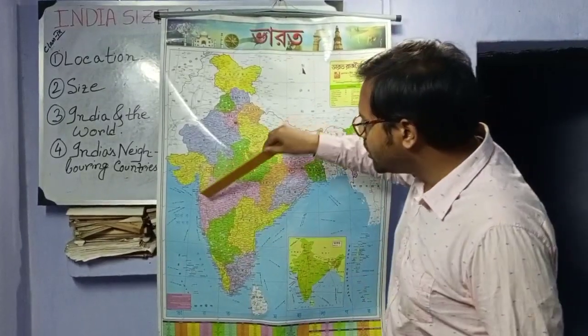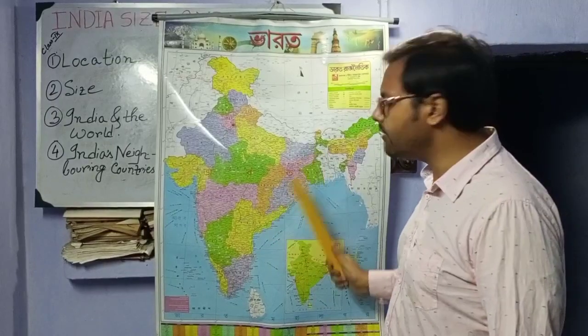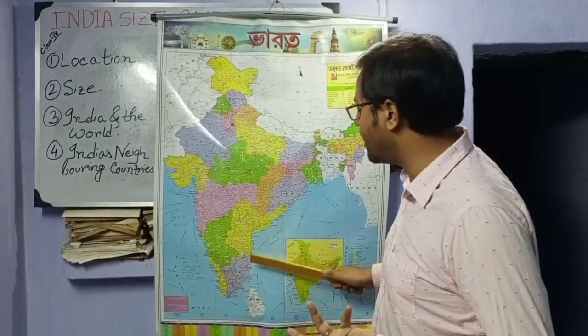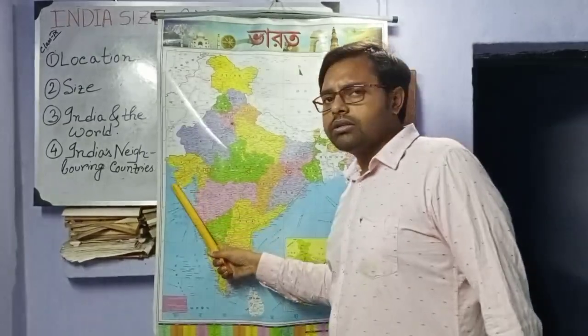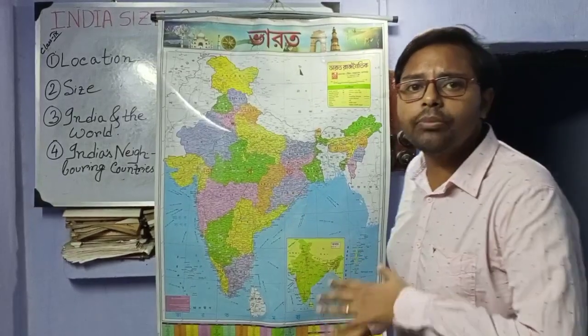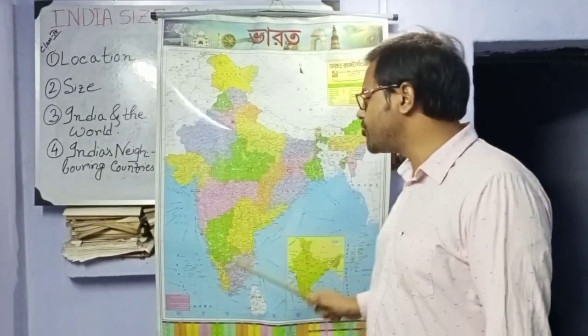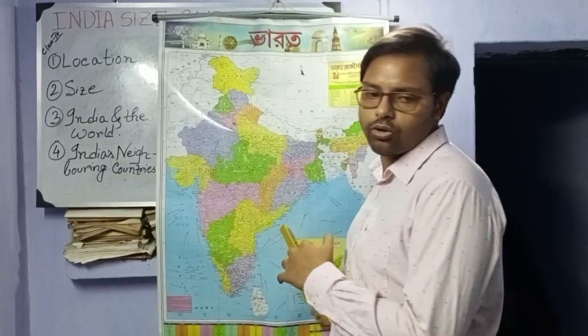And sea routes, there are so many sea routes from each and every port of India like Chennai, Visakhapatnam, Surat, Mumbai, Kochi, Kolkata, Haldia. There are so many ports in India through which we can connect throughout the world through marine routes. That is a strategic location.